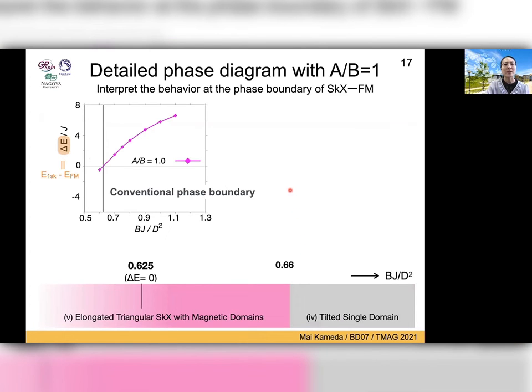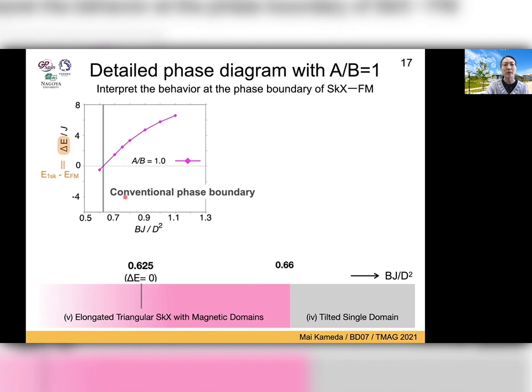Let's look at the phase boundary of SKX-FM. The key to understanding the boundary is the field dependence of the skyrmion excitation energy, delta E. This is defined as the one-skyrmion energy minus the energy of the FM state.